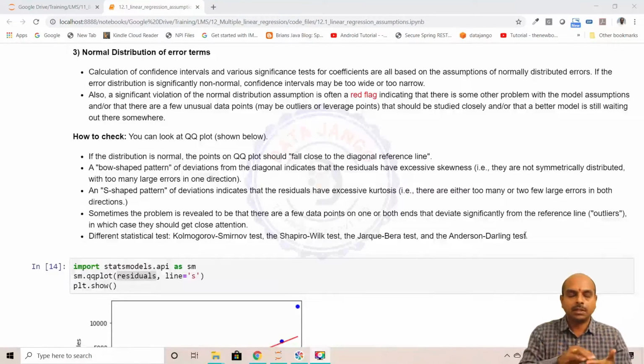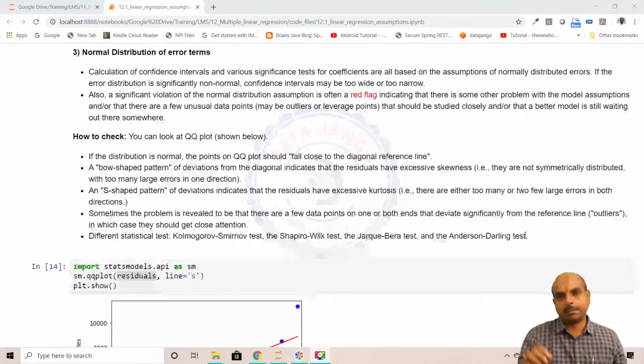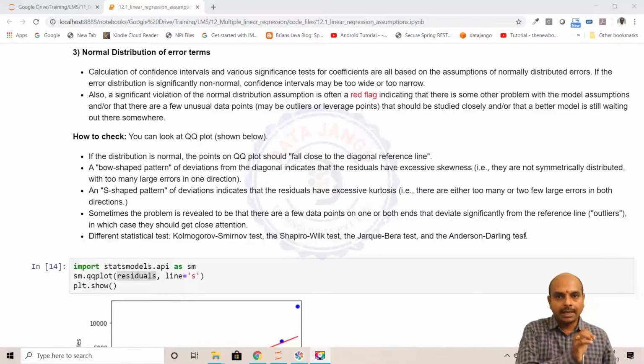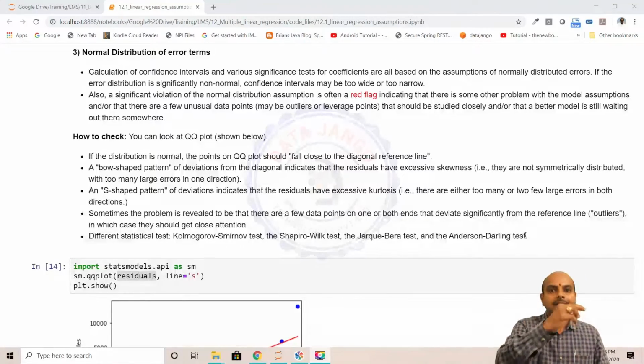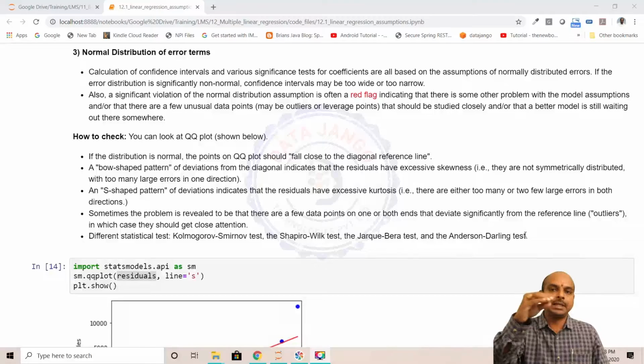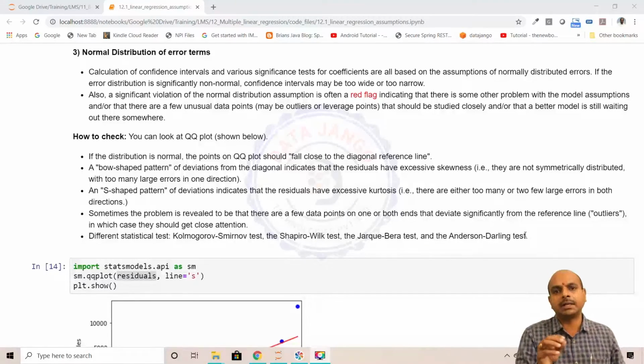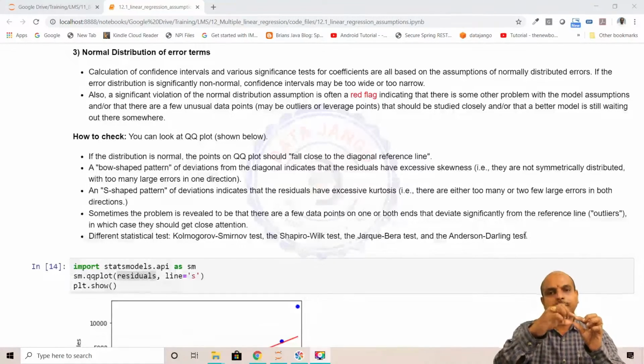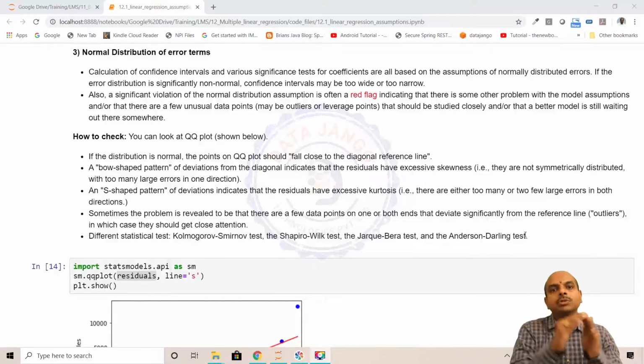Your line is going through the data perfectly. When your line is going through the data perfectly, the error terms are going to be normally distributed. A simple example is that if most of the data points are falling on the line, you will have most of the errors at 0.